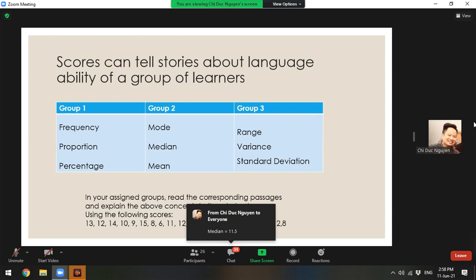And the average, who can have a quick mind to calculate the average for me? What is the mean? Who can calculate the mean for me this time? It's going to be quite quick, right?